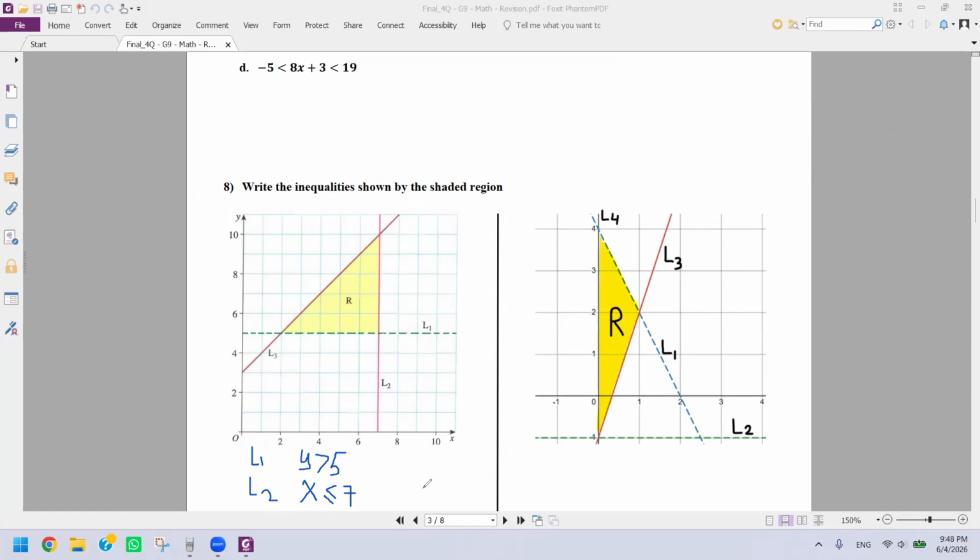Okay. Then line 3, it has a slope. So here, what did we say? We said first, should be memorizing the general equation of a straight line. Y equals to mx plus c. M is the slope.